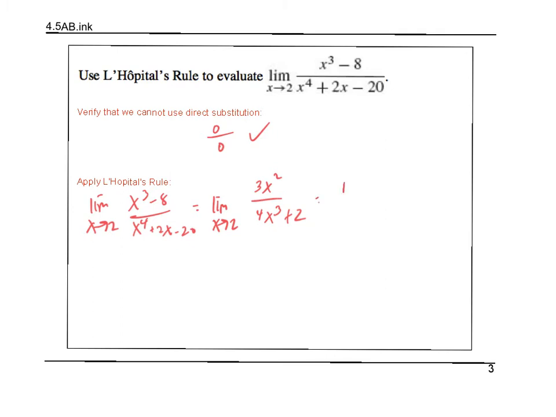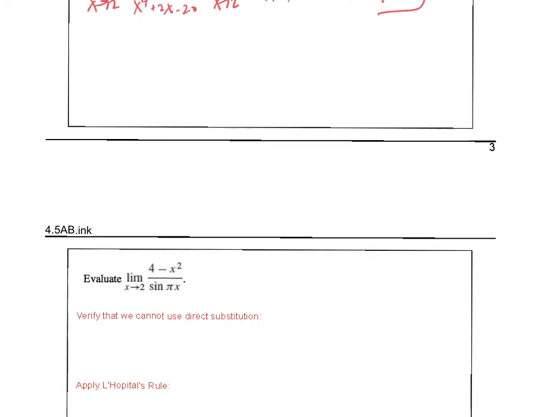And in the numerator, I would have a 12. And in the denominator, I would have 8 times 4 is 32, plus 2, 34. So 6/17. So the behavior of this original function at 2 is 6/17.